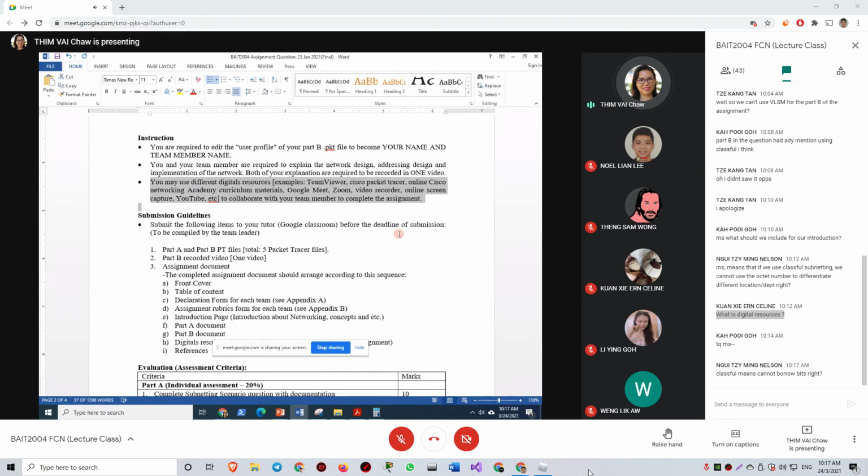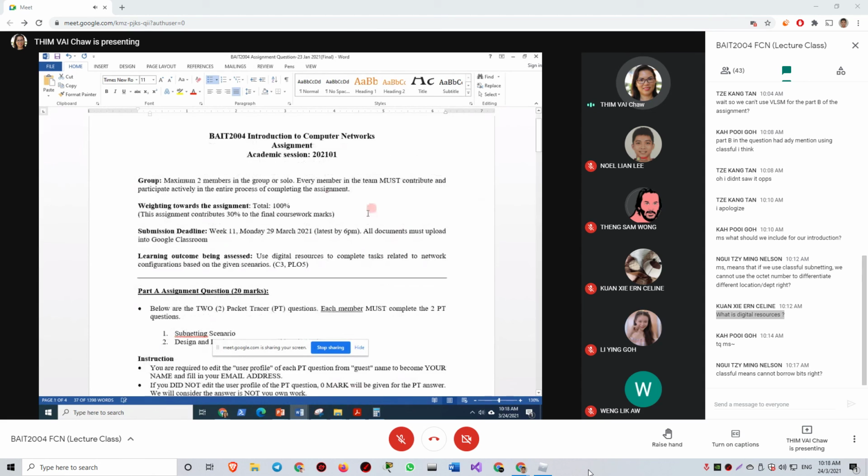So we are using digital resources to learn the concept of networking. That's why the learning outcome here is to use digital resources to complete the task related to network configurations based on given resources.